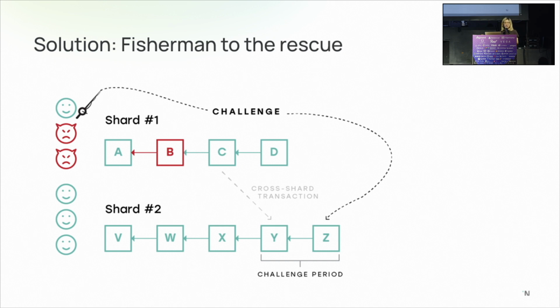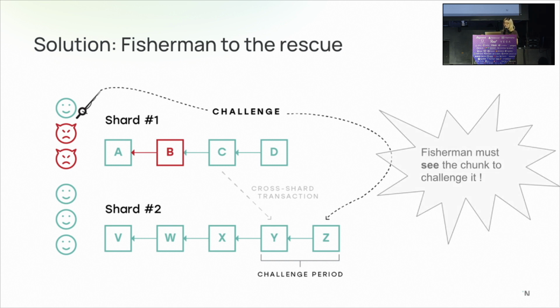There's one subtle but important requirement for this Fisherman technique to work, and that is any node must be able to see the full content of a chunk in order to verify or challenge it. And remember when I said before, each block only includes chunk headers. They don't actually include the full content of a chunk.